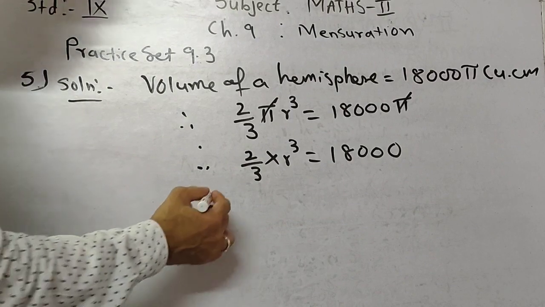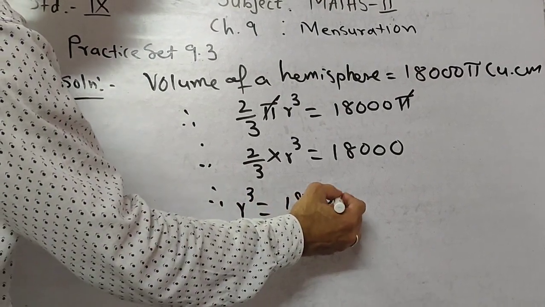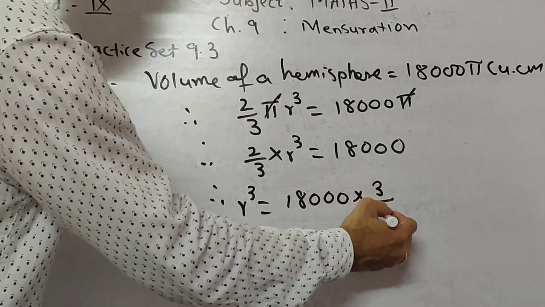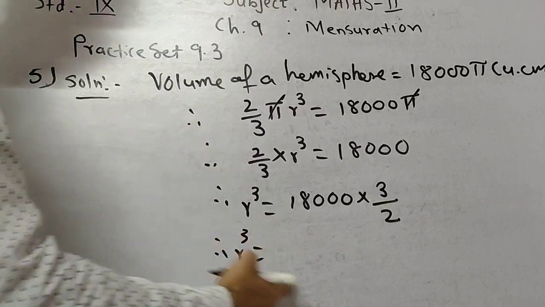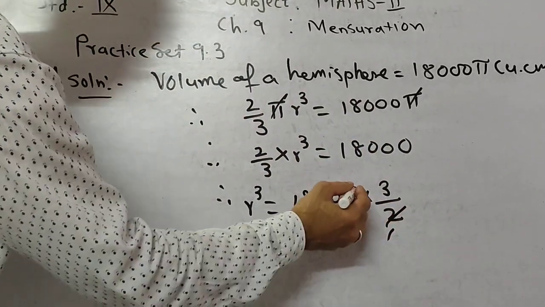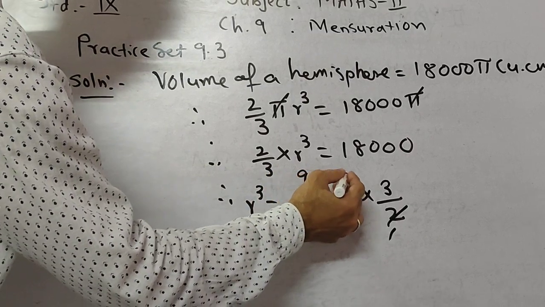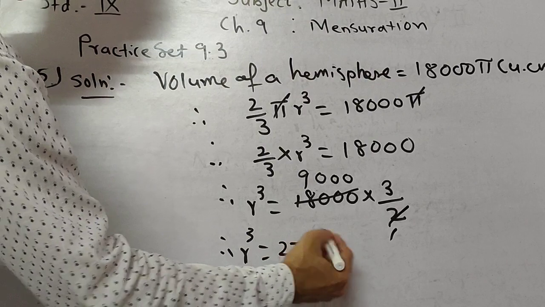It will be reciprocal. R cube is equal to 18,000 into 3 upon 2. As you know, cancellation. 2 ones are 2, 2 nines are 18, 9,000. 3 nines are 27, 27,000.